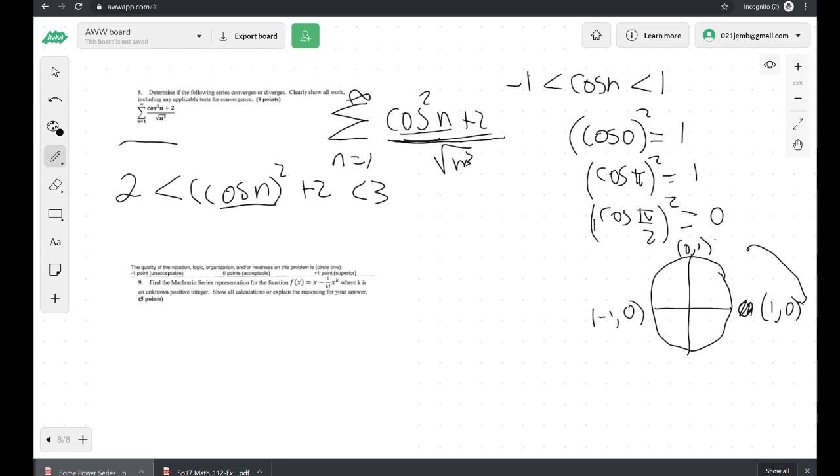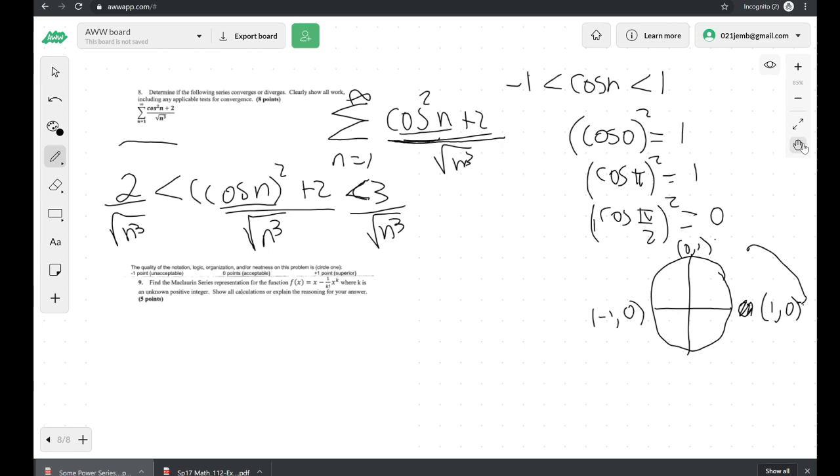So we can use that to find a comparison. We divide on all sides of the inequality by the square root of n cubed.